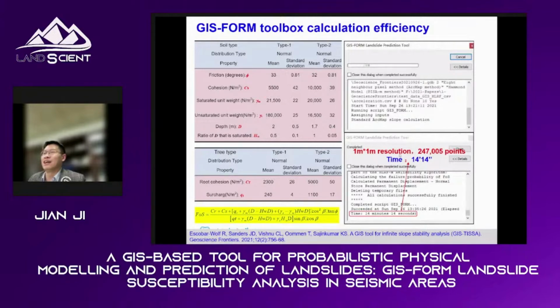These are the implementation results. For example, for the landslide mapping, we consider this number of grid points, and the calculation cost is around 15 minutes for this big number of grids, but I think this is a very sound, reasonable calculation cost.